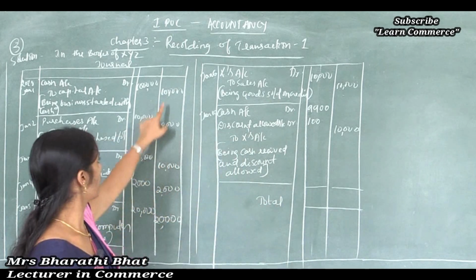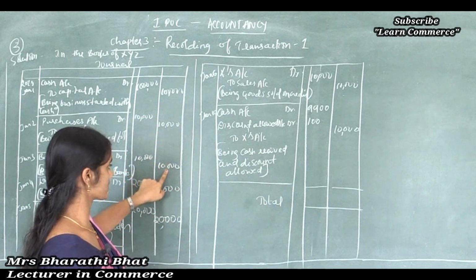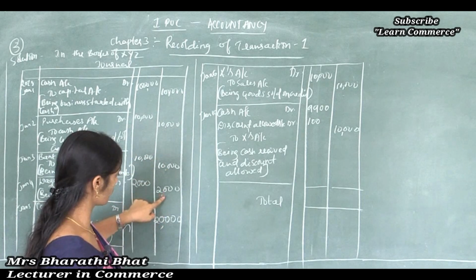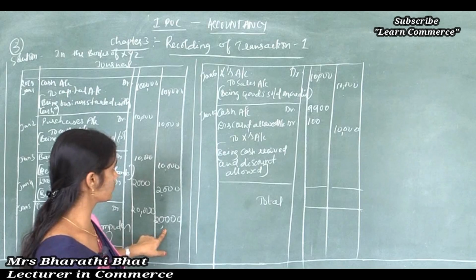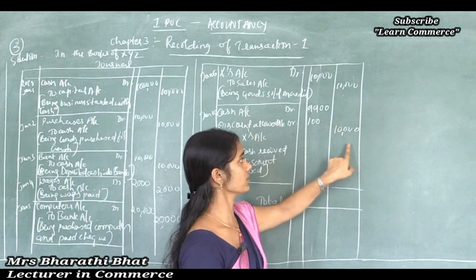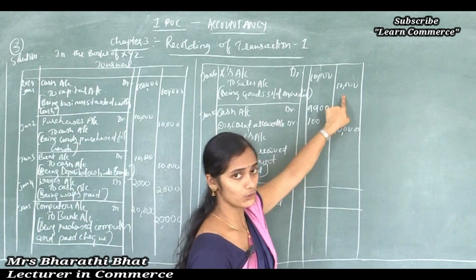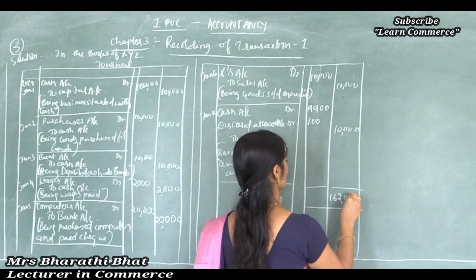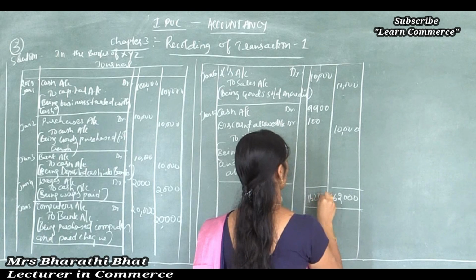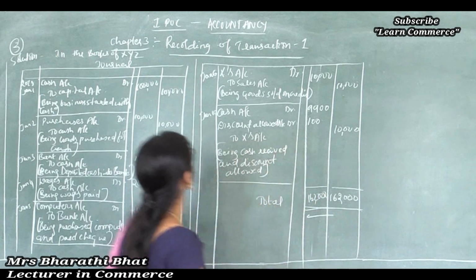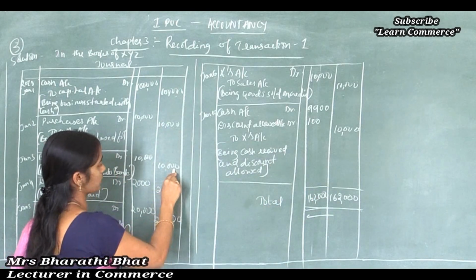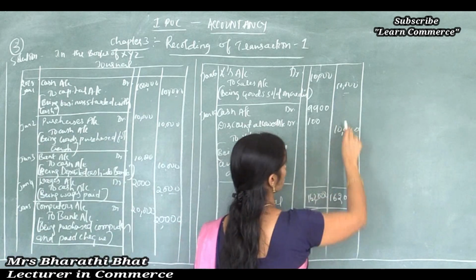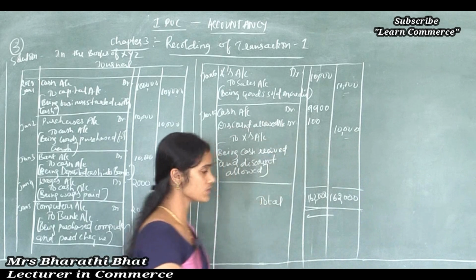Okay. So 1 lakh plus 10,000 plus 10,000, 1,20,000, 1,22,000, 1,42,000, 1,32,000, 1,52,000 and 1,62,000. See, 1,10,000, 1,20,000, 1,40,000, 1,42,000, 1,52,000 and 1,62,000.